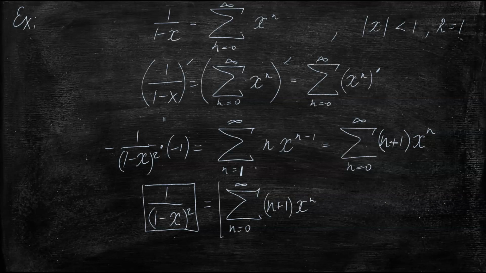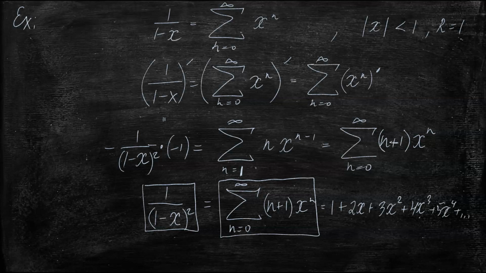Right, so this is the general formula, and of course we can write a few terms. When n is 0, we have 1, then we have 2x, 3x squared, 4x cubed, 5x to the 4, etc.